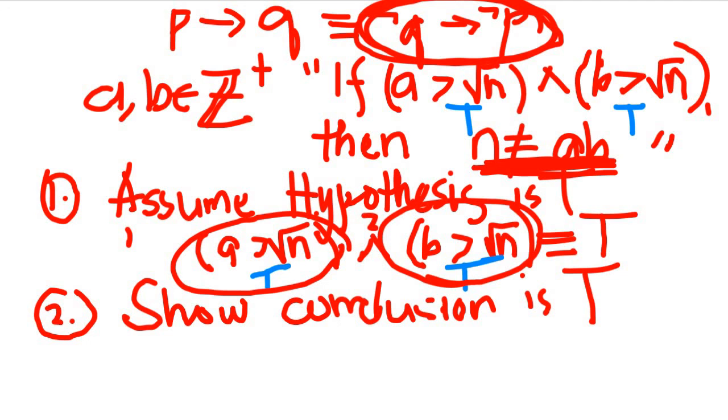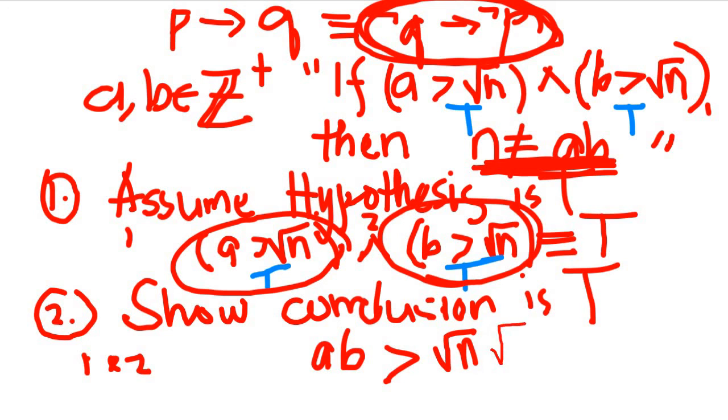So if I multiply the two, multiplying equation 1 by equation 2, I will get a times b, which is greater than the square root of n times the square root of n. And if I simplify that, this is ab is greater than n.